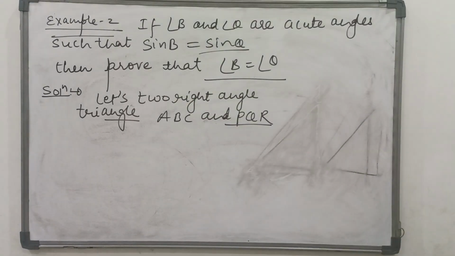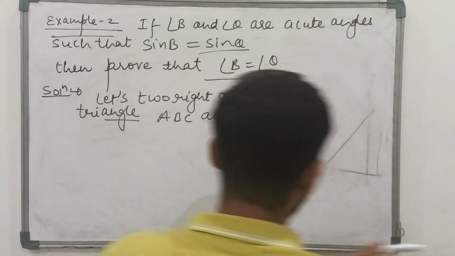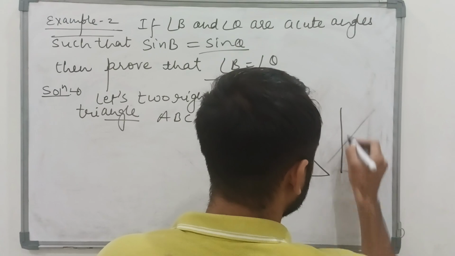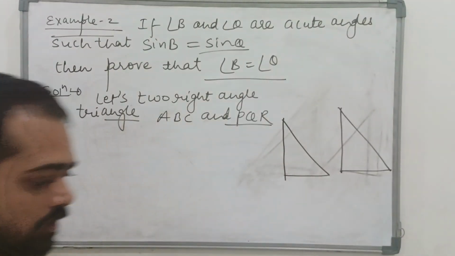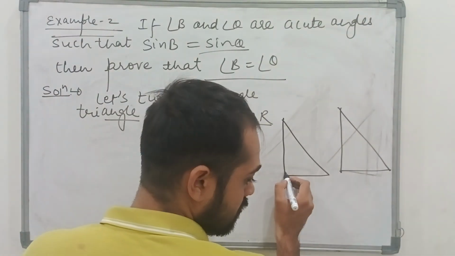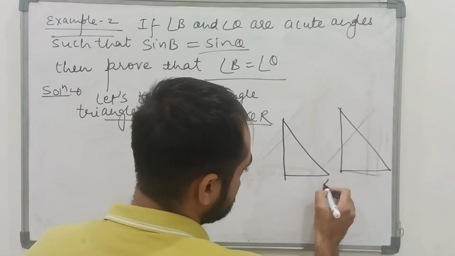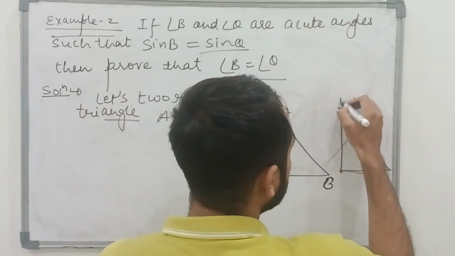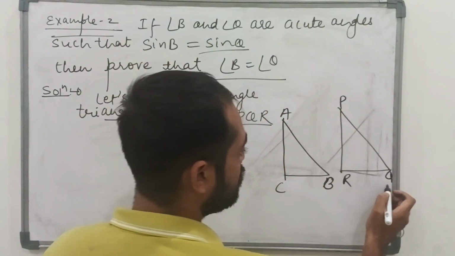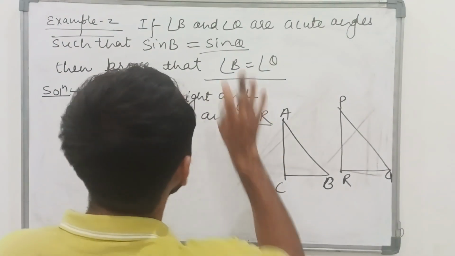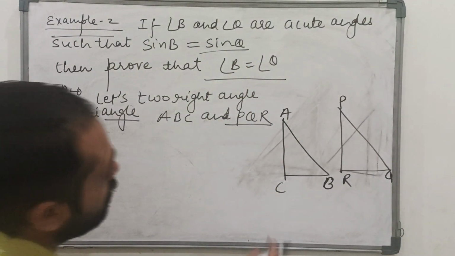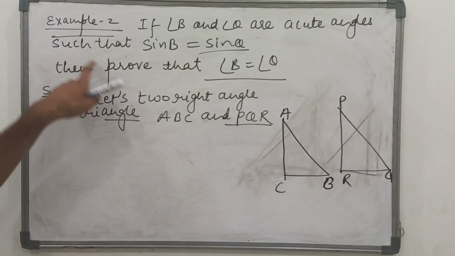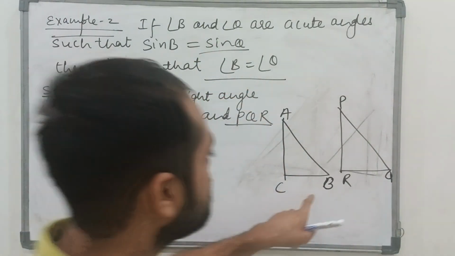Now this is a triangle, and this is a triangle. So Q is an acute angle, already given in the question. B is also an acute angle. So we want to prove that angle B is equal to angle Q.